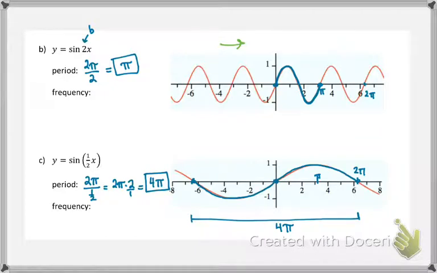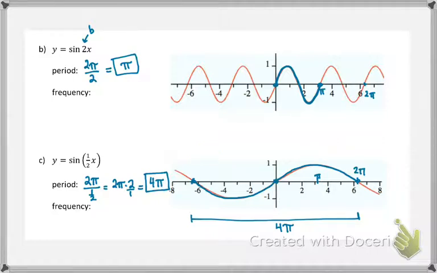Whereas in example C, I'm multiplying x by 1/2, and everything applied to x is opposite according to transformations. It's really a horizontal stretch by 2. So if I'm taking my parent sine function and stretching it horizontally, then it's going to take a longer time to complete one full cycle.